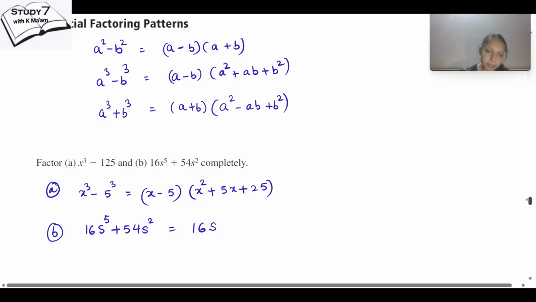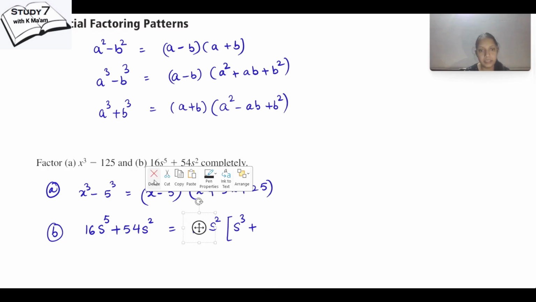So you take s power 2 common. What is left? S power 3 plus. If you take 16 out, what will be left? It cannot be factored completely with 16. Let's see. Anything else? 8, 2. I can take 2 common.